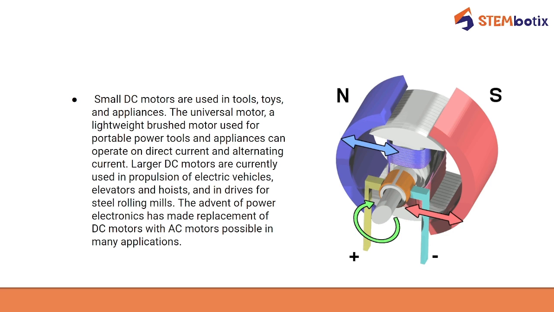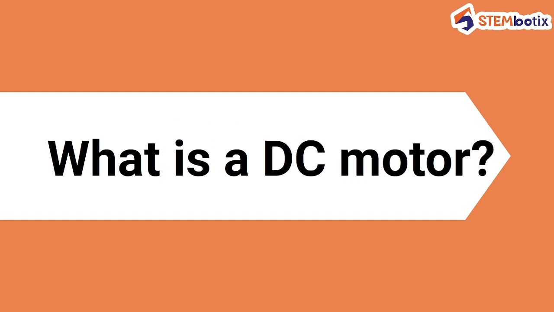Due to this advantage, they are used in tools, toys, appliances, and heavy load machines. Also, they have a wide range of speed variations. Hence, they are used in so many applications nowadays.